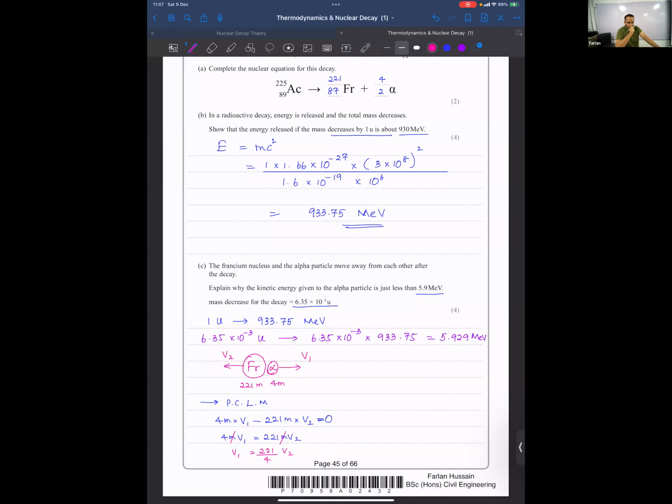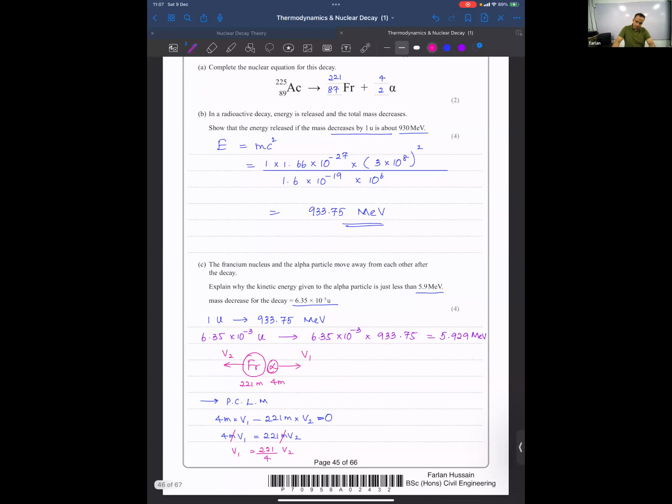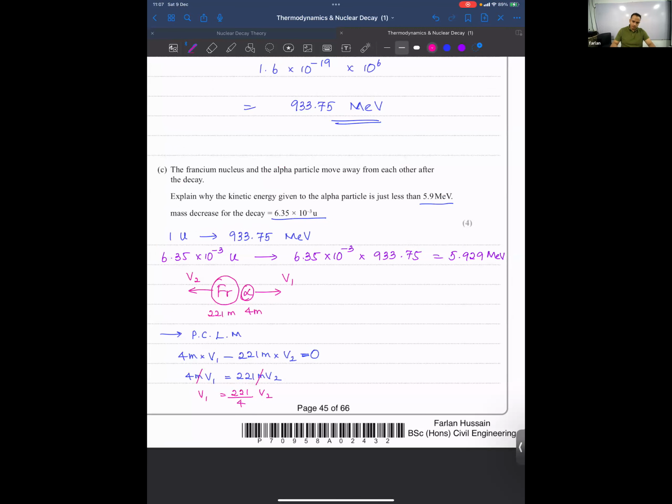Guys, now, if you see the kinetic energy of the alpha particle, what is the easiest way of doing it?